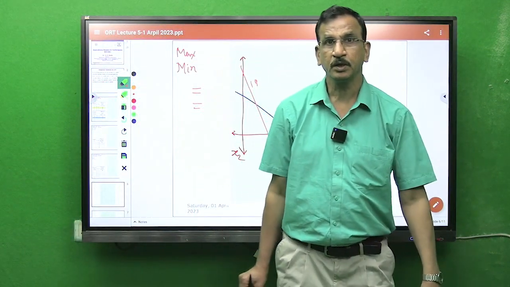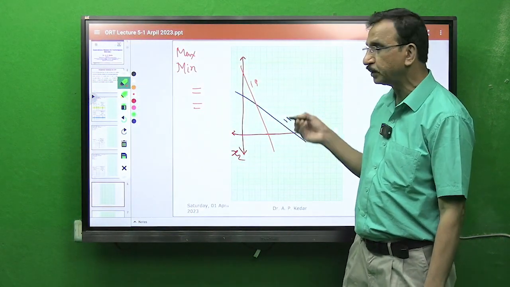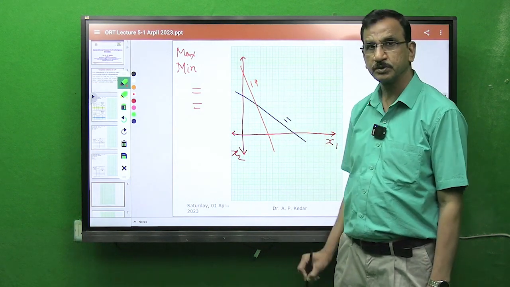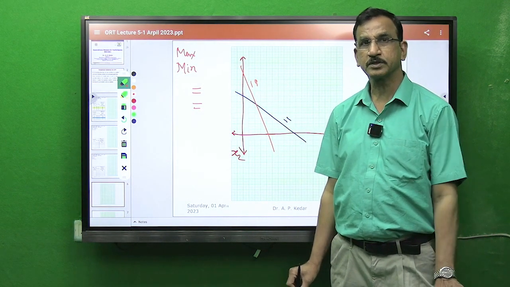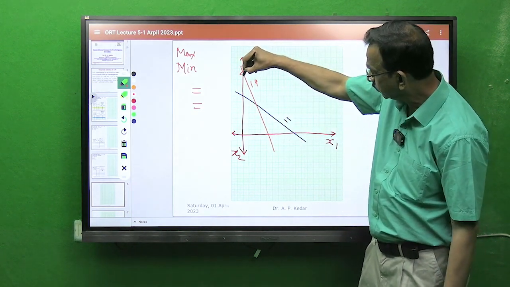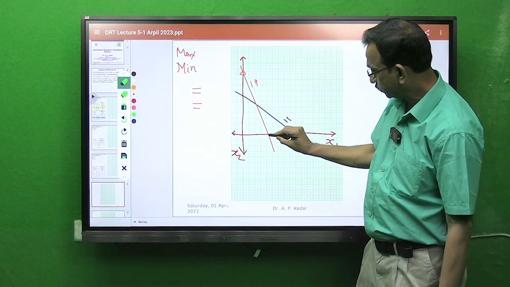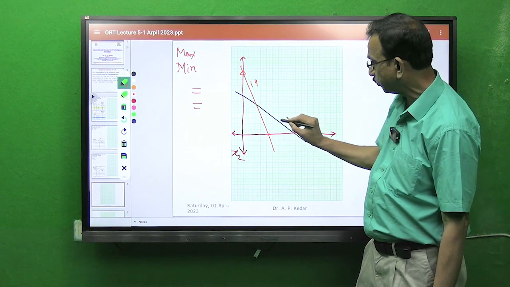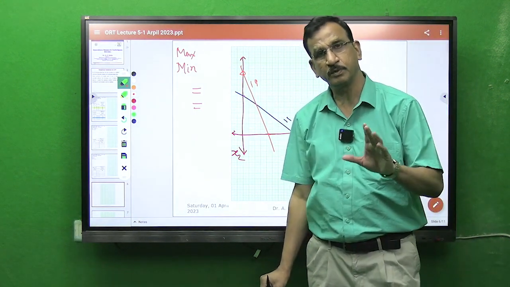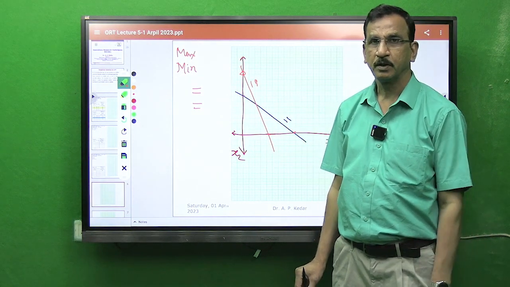There is no need to show any arrow since it is equal to. Since it is equal to, it is satisfying. This point, this is one point, this is one point. The maximum value will be at those points.